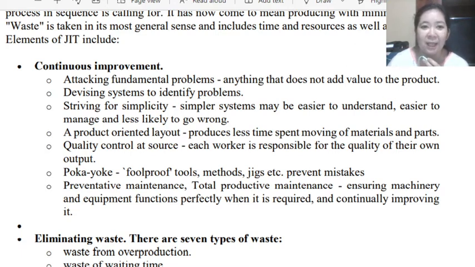Quality control at the source eliminates spoilage or inventory that does not conform with the specification. Another is Poka-yoke, which means foolproof tools, methods, or jigs. It normally prevents mistakes. This is in relation to simplifying the system to eliminate waste and for continuous improvement.